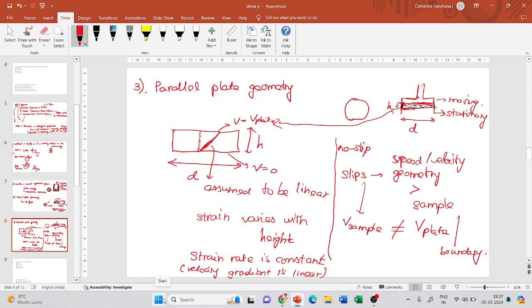And a coaxial cylinder geometry is used for measuring the mixing and compaction temperature, right? In that case, you will be using that geometry. Just a second.